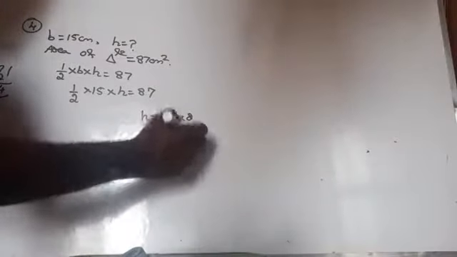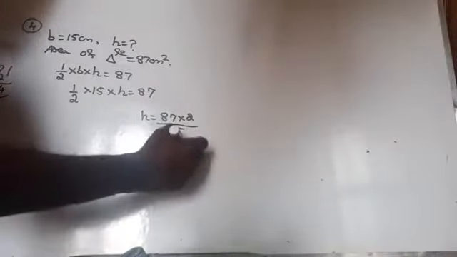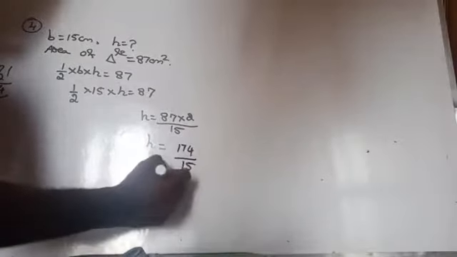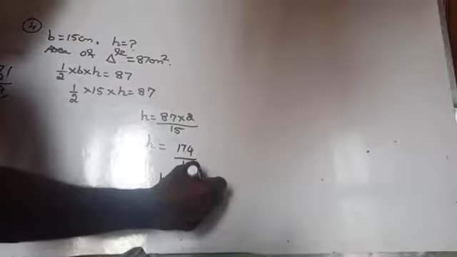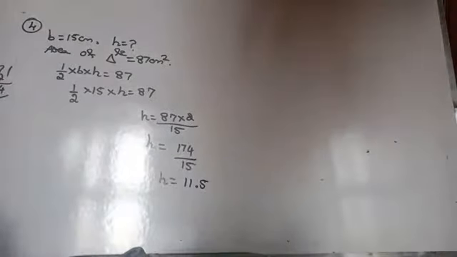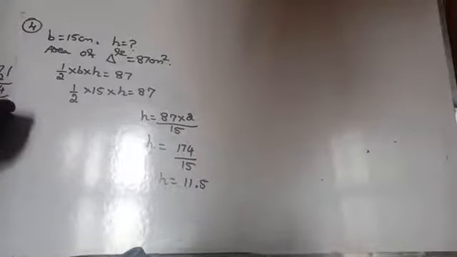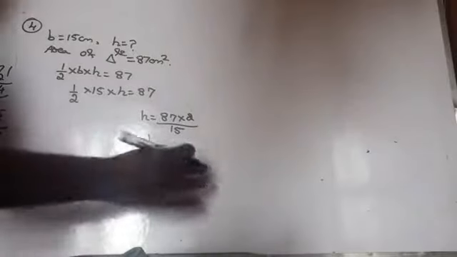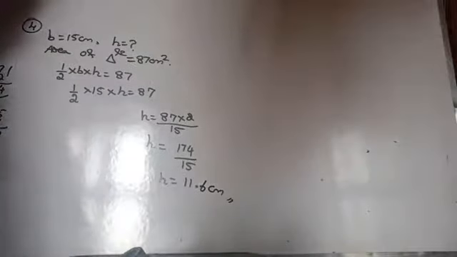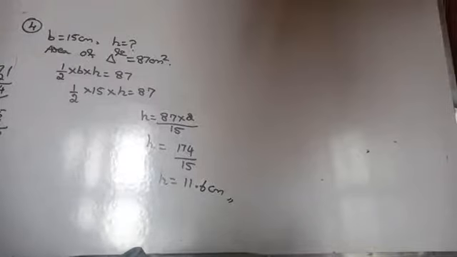Then height equal to 87 into 2. 7 2s are 14, 8 2s are 16, 174 by 15. 1 15 is 15, remaining 2. 15 into 6 is 90. Then it is 11.6 centimeter. Are you getting it? Which is the height of the triangle.